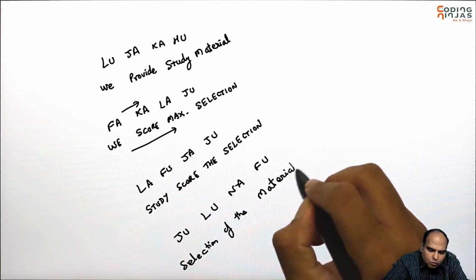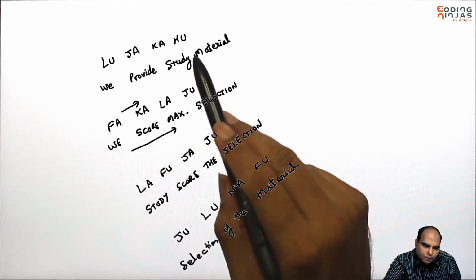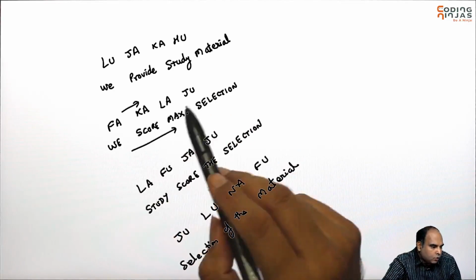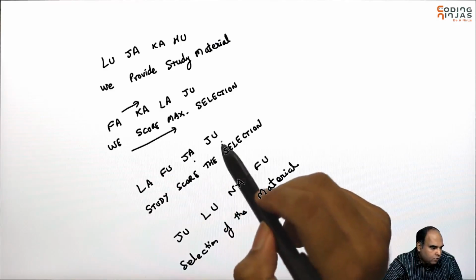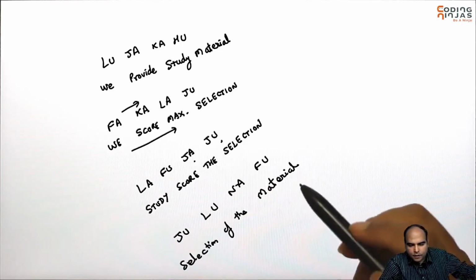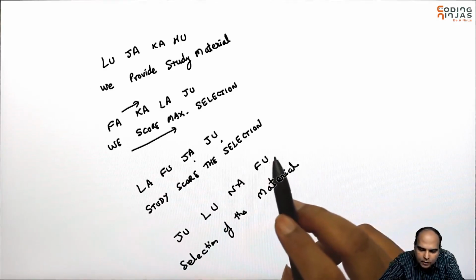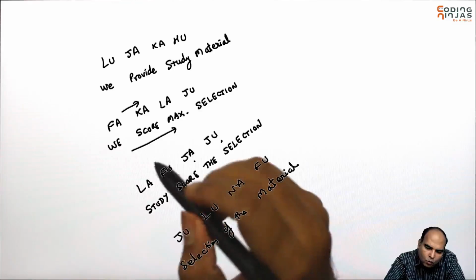So to handle a question, Lu Ja Ka Hu, Fa Ka La Ju, La Fu Ja Ju, and Ju Lu Na Fu. Just checking whether I've copied that correctly. If anything goes wrong in my copying, the whole question will go wrong and won't get solved. So if I look at this now, I can start looking at what's common in the code.